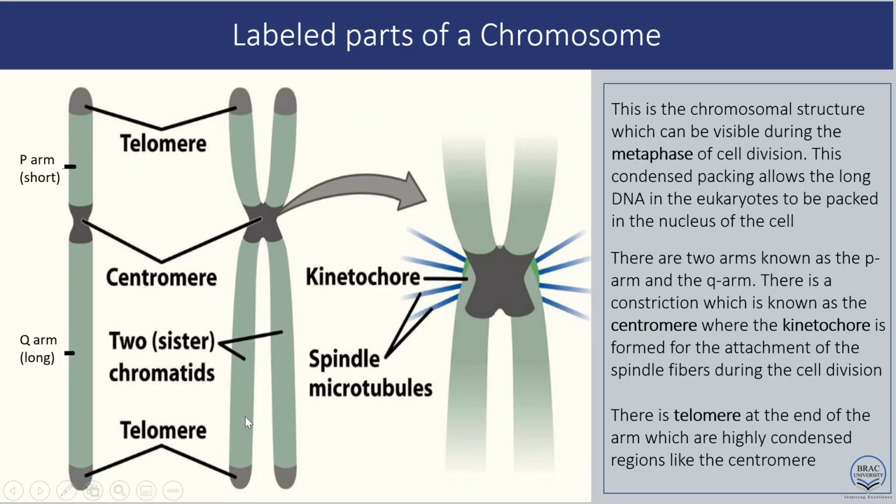Also, one important thing is the special protein, the kinetochore. Kinetochore is attached to the centromere, and kinetochore helps spindle binding. In cell division, when the spindle gets activated, the spindle binds to the kinetochores, which are attached to the centromere.